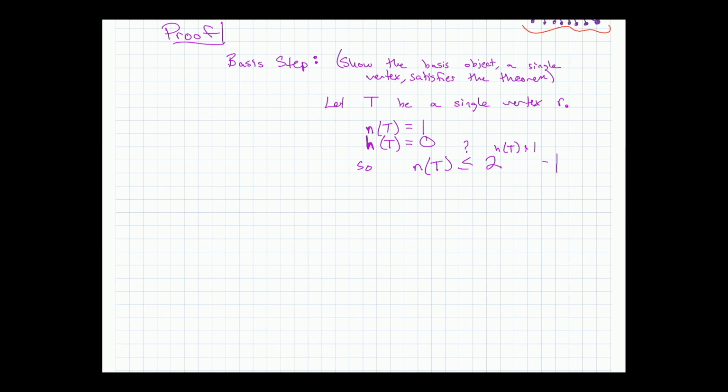So n of T is 1, and that is supposed to be less than or equal to, question mark, because I don't know if it's true, 2 to the 0 plus 1 minus 1. That's 1 less than or equal to 2 to the 1, which is 2, minus 1 is 1. All right. Yeah. So that checks out. So it works. Formula is valid.